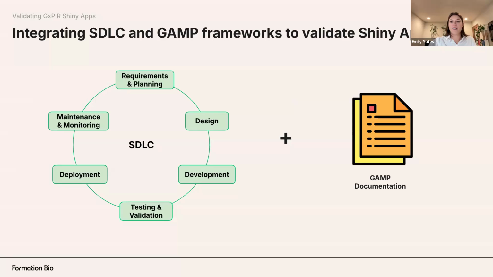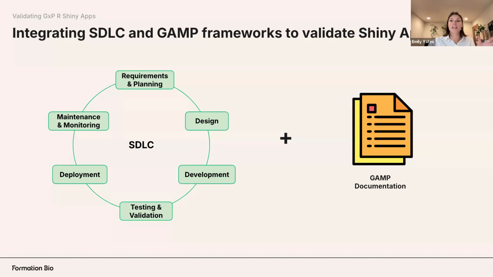Typically, an SDLC on its own is going to be focused on delivering functional software efficiently and goes about outlining the stages of software development on the left here, anything from planning and design all the way to implementation, testing, and maintenance.